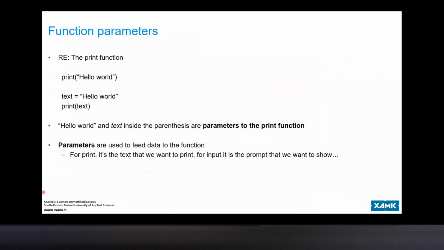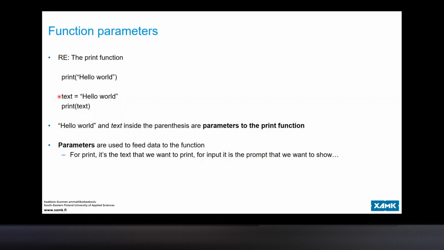Another point for these functions. So if you remember how the print function works, basically by saying print and giving it some text within the parentheses or brackets, it will then print whatever that text was.